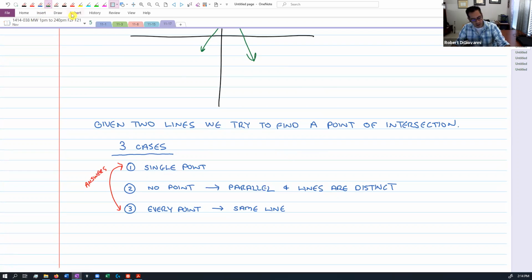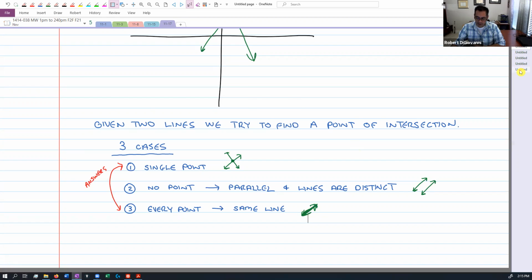You have 2 lines that hit each other somewhere, and you got an answer. Then you have no point. That would be if they're parallel lines, 2 lines that should never hit each other. And then this last one is if you had the same line drawn right on top of itself again. Then all points would be an answer.